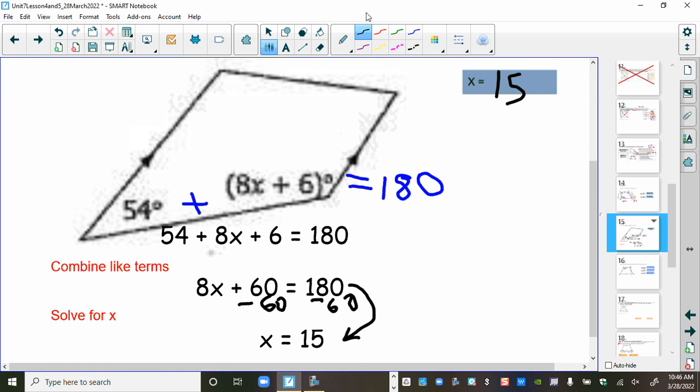Then 8x divided by, I mean, 120 divided by 8. We're at the point where we should not even have to go over this. Okay, questions on this one? All right, the next one.